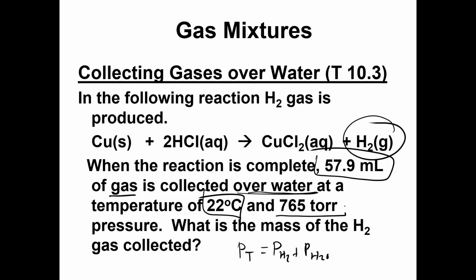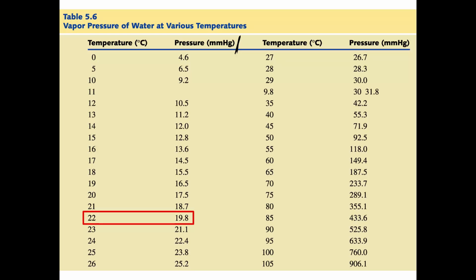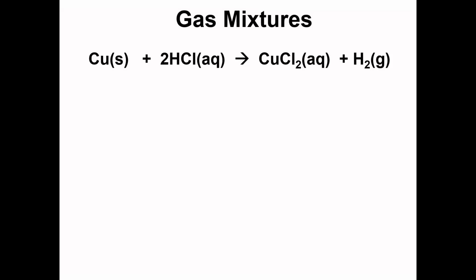It also gives you a total pressure, so we know this, and we can look this up so we can solve for the hydrogen, and then use PV equals nRT just like we normally would. I already had this up here, but at 22 degrees, we now have to subtract out 19.8 millimeters of mercury from the pressure before we convert it to torr. Other than that, this problem works the same way.